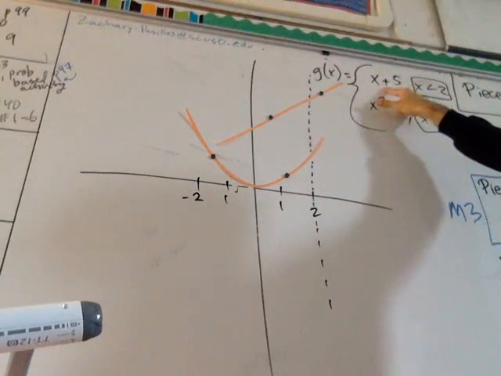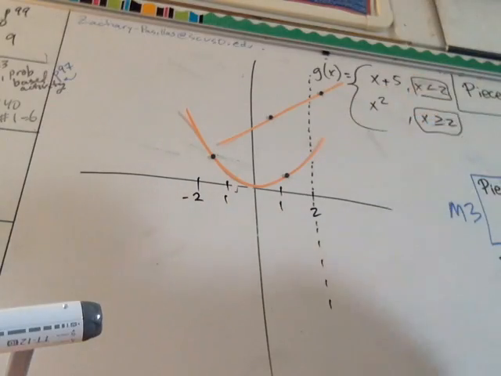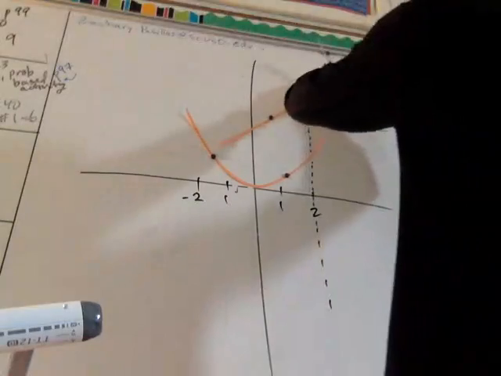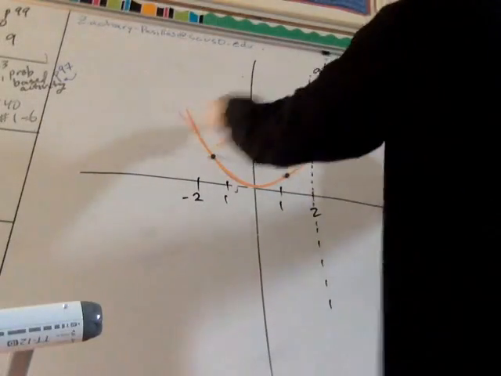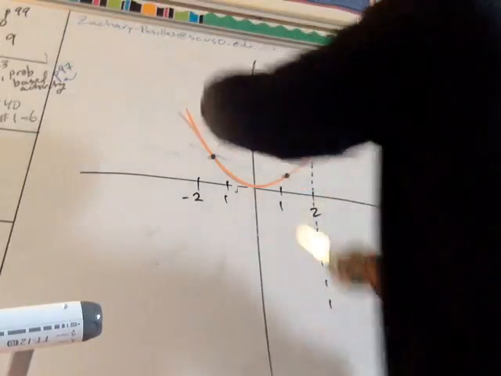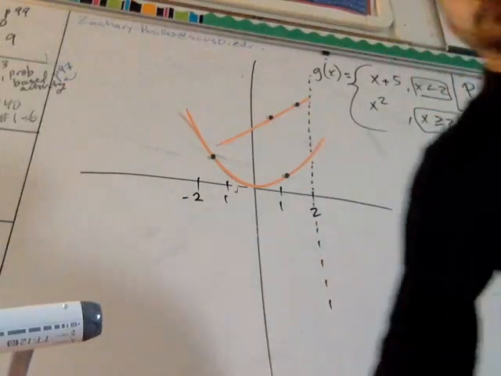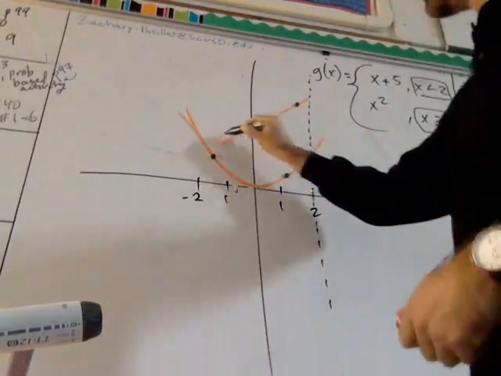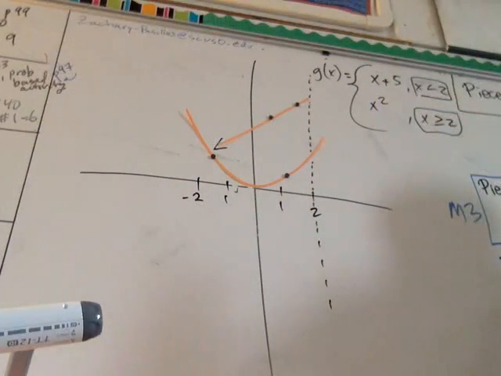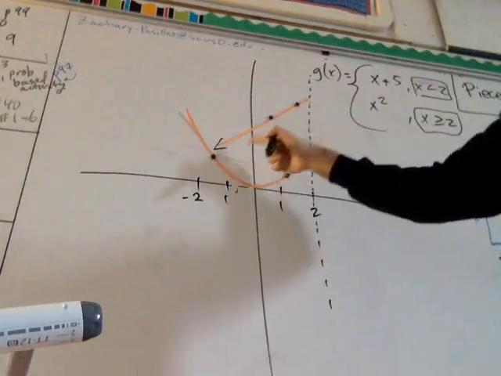The linear one. Okay. Now watch what I'm going to do. The function used to go all the way past this line forever. Instead, it just goes there. It's going to continue going in that direction, but I cut it at 2 because that's where the function goes. If x is less than 2, we have this linear function.